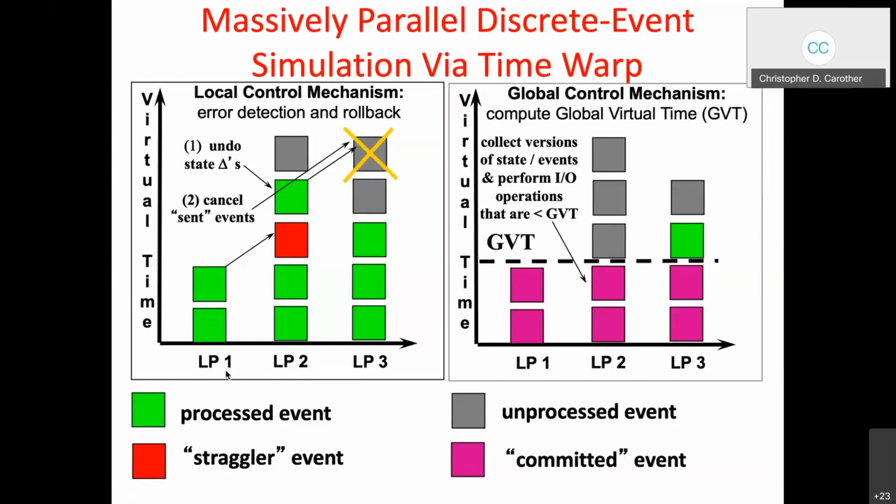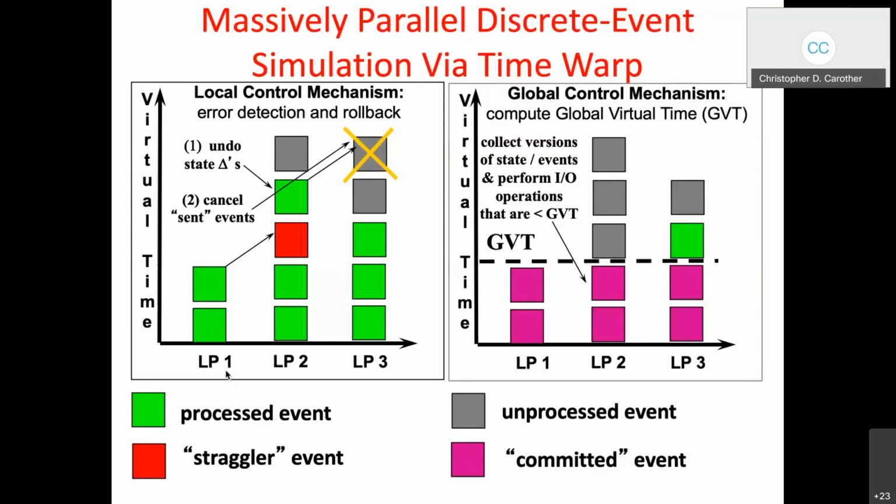A logical process is an element or entity within your model that has a separate set of state and events that are being processed. You can have one or more LPs per core or processing element in the system. LPs are the way we tend to think about these parallel discrete event systems. So we have a collection of logical processes, and they schedule events into the future as part of their event processing. And again, we still have this problem with events arriving in the past.